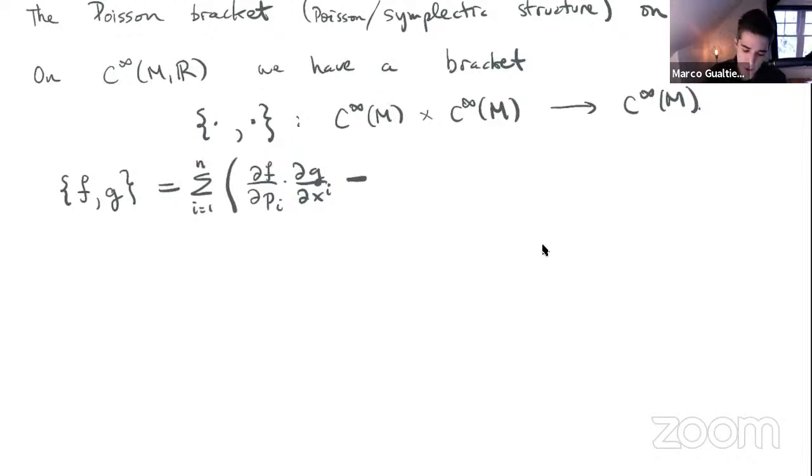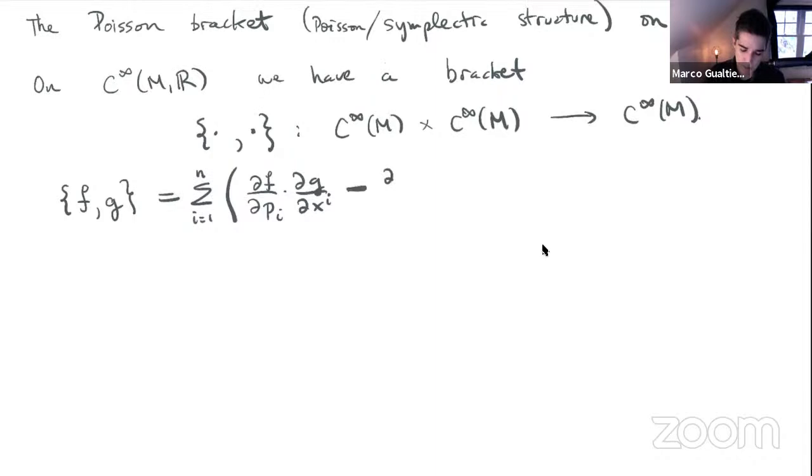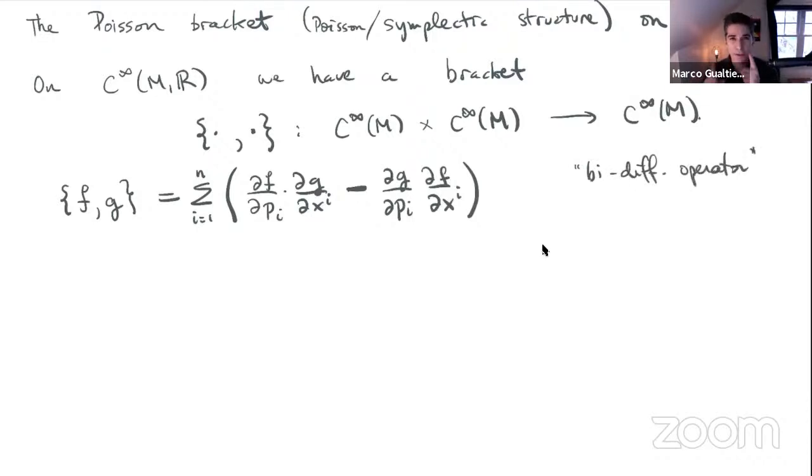And then you make it skew symmetric, so you switch f and g. This will look strange the first time you encounter it. It's a bidifferential operator in the sense that it differentiates both f and g. Both of the arguments are differentiated.